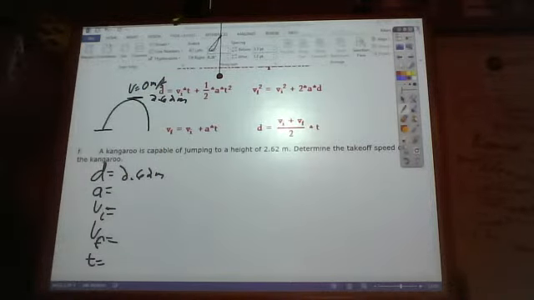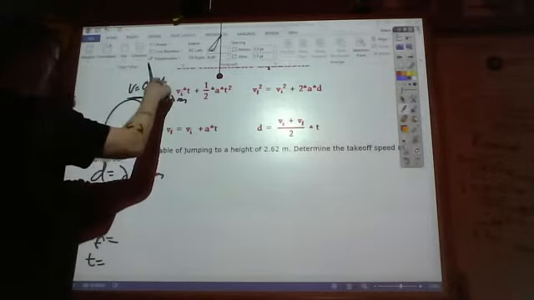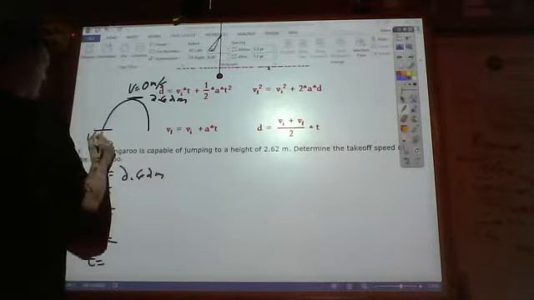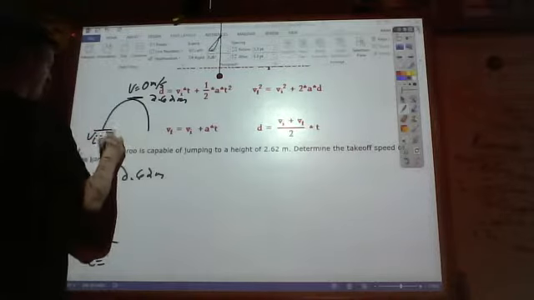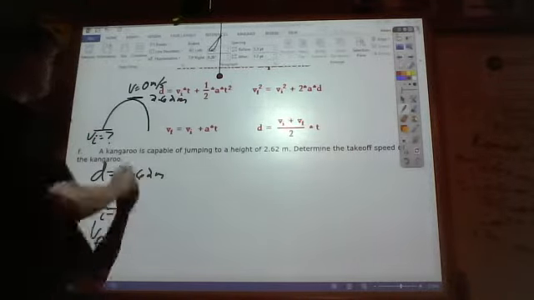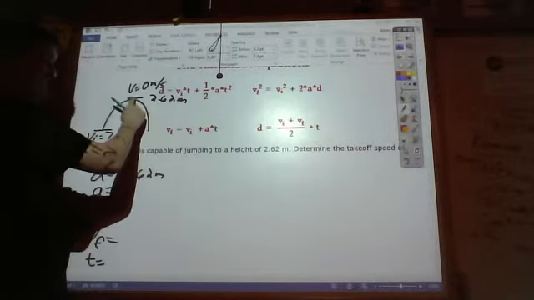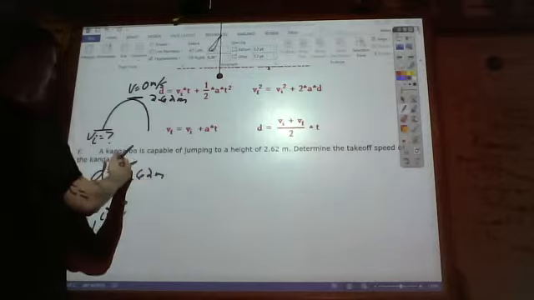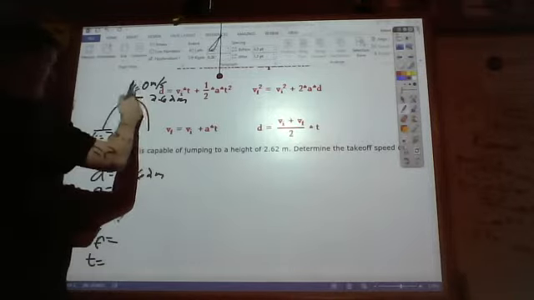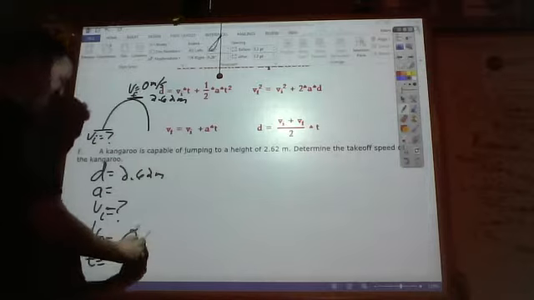So the velocity at the top is there, and they want to know, what is the VI? So if this is my final distance at the maximum height, because that's the height that he jumps to, and this is the velocity at the maximum height, then that becomes my VF, and my VF is 0.